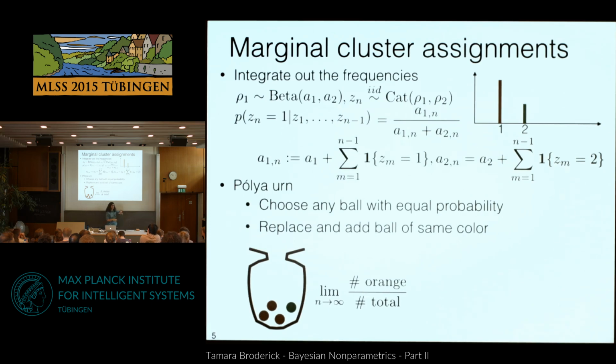Then over here, the limiting average number of Zn's being equal to 1 is definitely rho 1, which is a beta distributed random variable. I mean, here that was just the generative model. And so over here, if it has the same distribution, we don't have to do any calculations. It should be true, right? Yes?